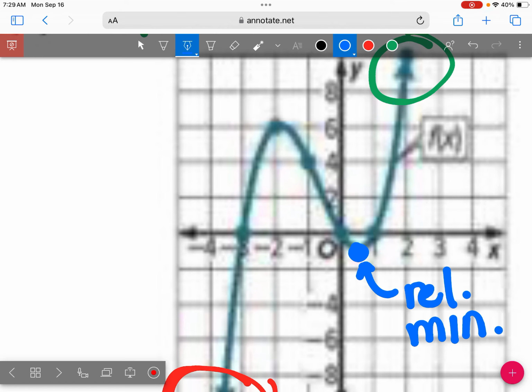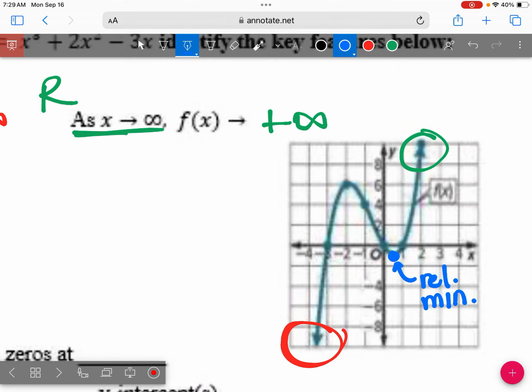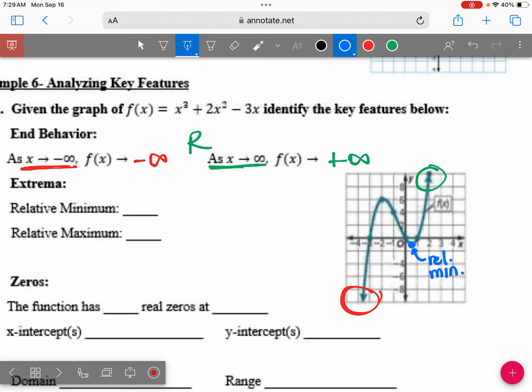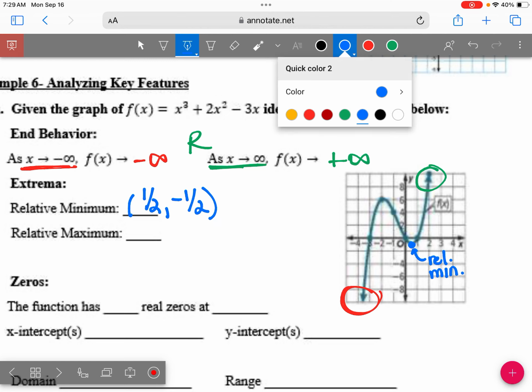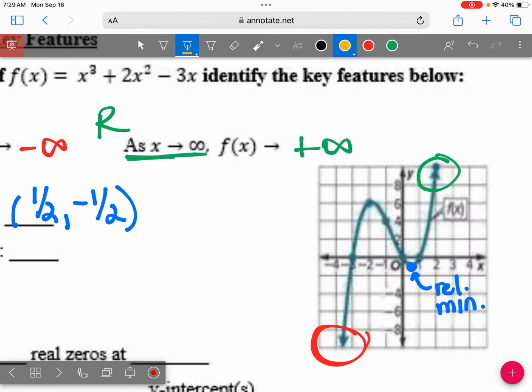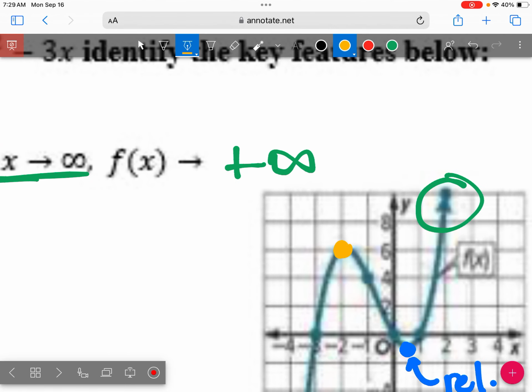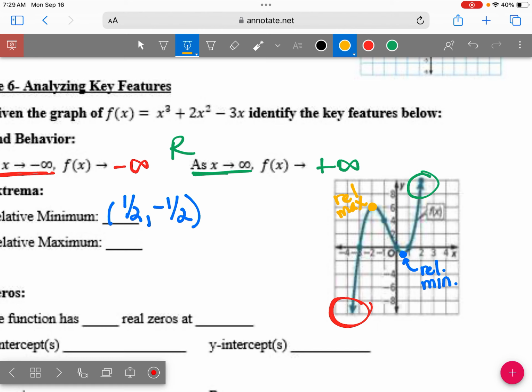So I'm going to approximate that as 0.5 and negative 0.5. So that would be my relative min. And then at the top of the hill right here, that's a relative max because that's a hilltop. That's at -2, +6.